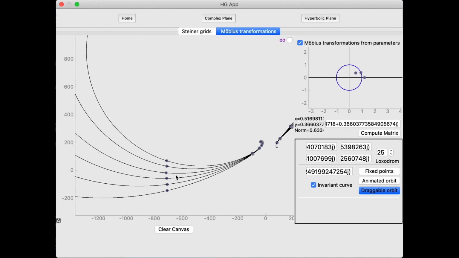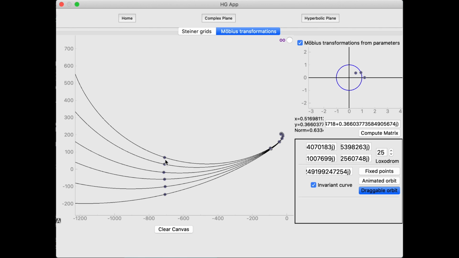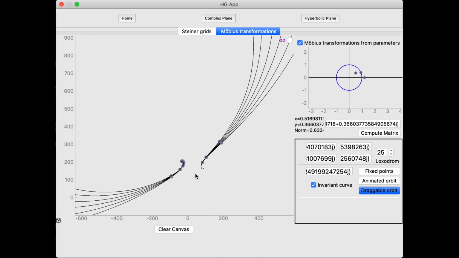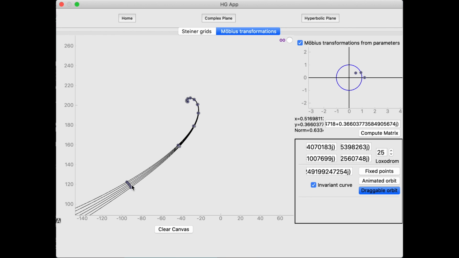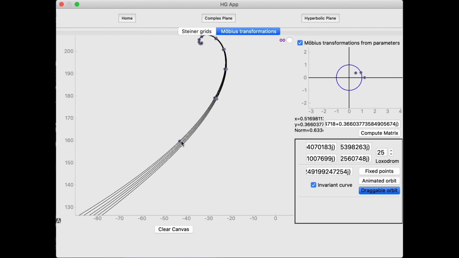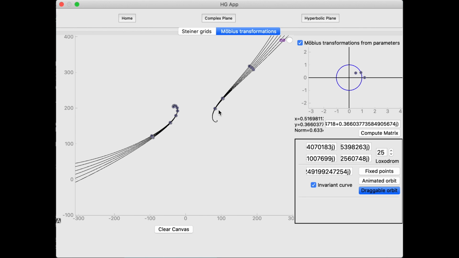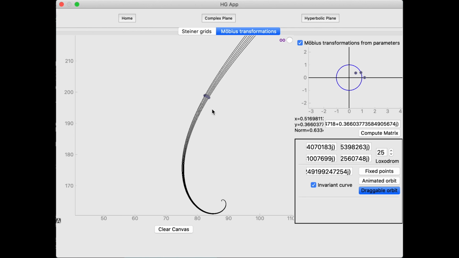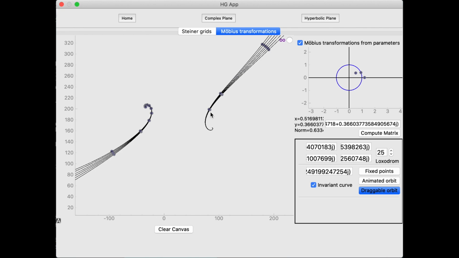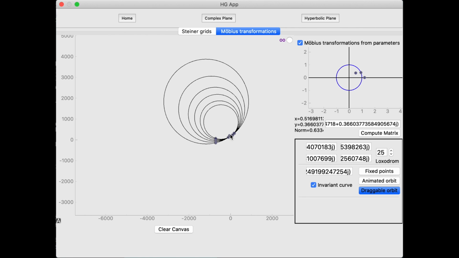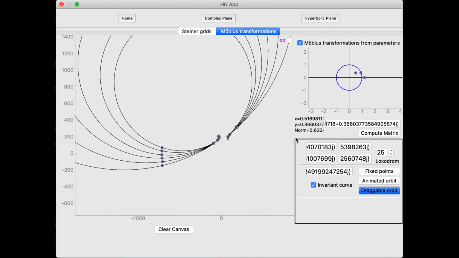What I want you to see is that here I moved this point a little, and of course the points in the orbit are then also close to each other, here close to each other, here close to each other, etc. So what you are actually visualizing is how continuity behaves for functions from the complex plane to the complex plane, right? So, okay, I think that's what I wanted you to see.